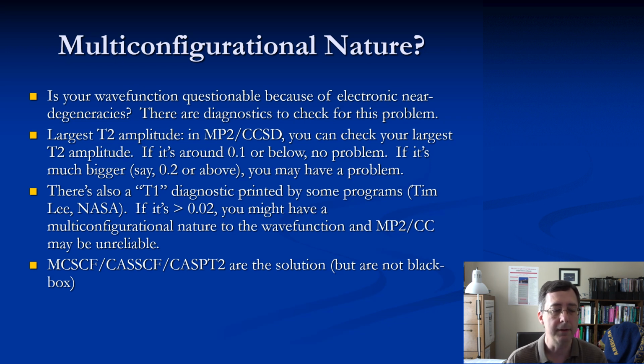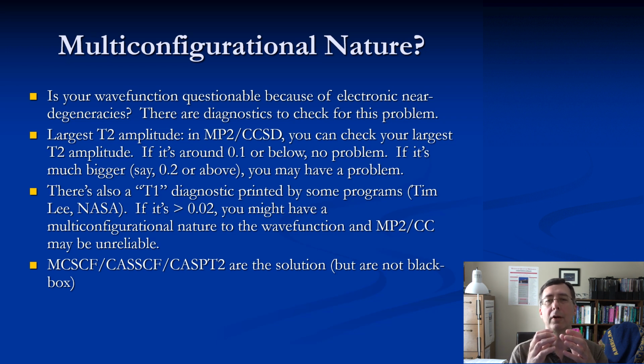And then finally, I'll just mention again this potential issue of multi-configurational nature. We mentioned that diradicals, for example, can be dangerous with standard quantum chemistry methods because they assume the dominance of one electron configuration. But what if you're in a situation where you're not sure if you have potential near degeneracies of different electron configurations?